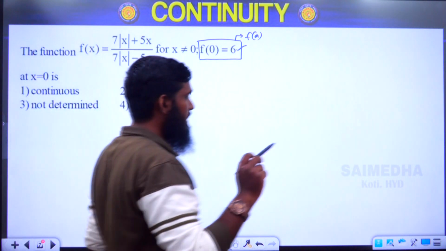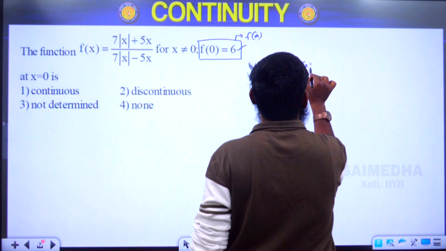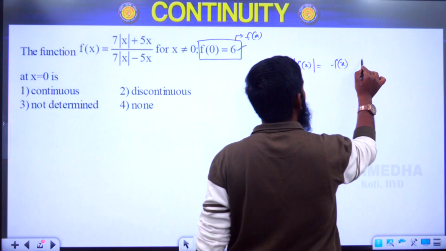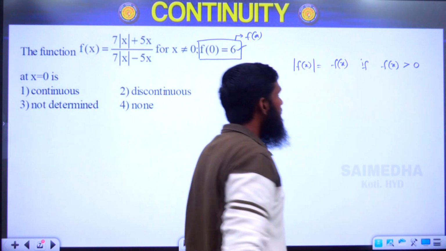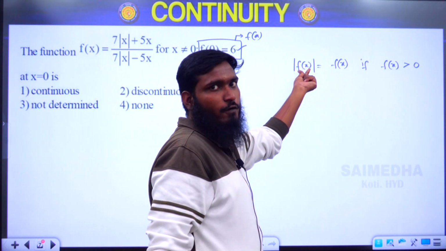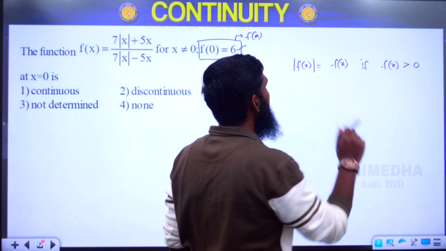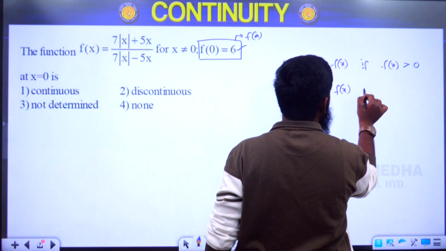Before going for the LHL value and RHL value, you should remember the conditions we have for the modulus function. So mod f of x is equals to plus f of x if f of x value is greater than 0. Whenever this complete part is greater than 0, we have to take it as plus f of x. Next condition is minus f of x. Why minus?